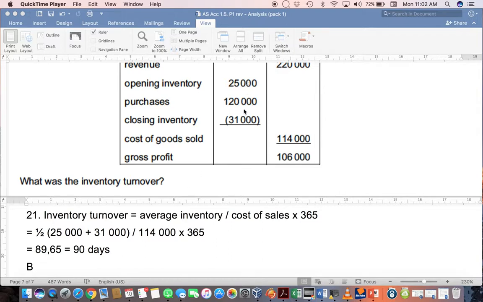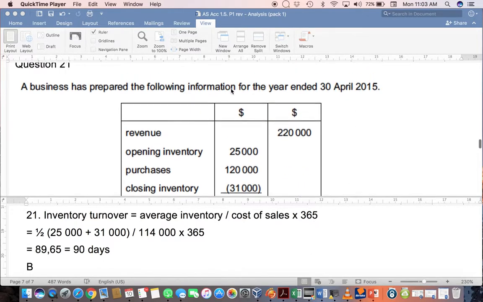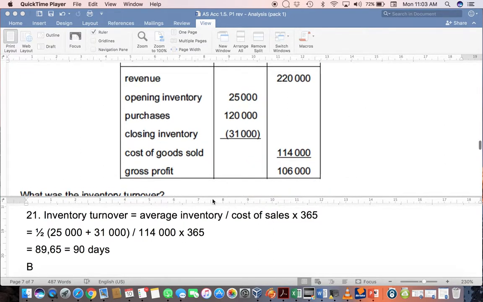But if they've given you opening and closing stock as they have here, you want to ideally work out your average inventory divided by your cost of sales times 365, because there are 365 days in the year and we are looking for a full year. So you will take your opening inventory of 25,000 and your closing inventory of 31,000 and work out the average.